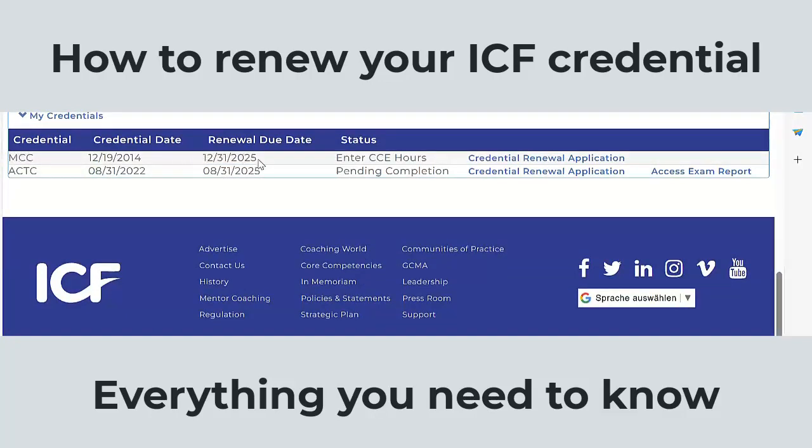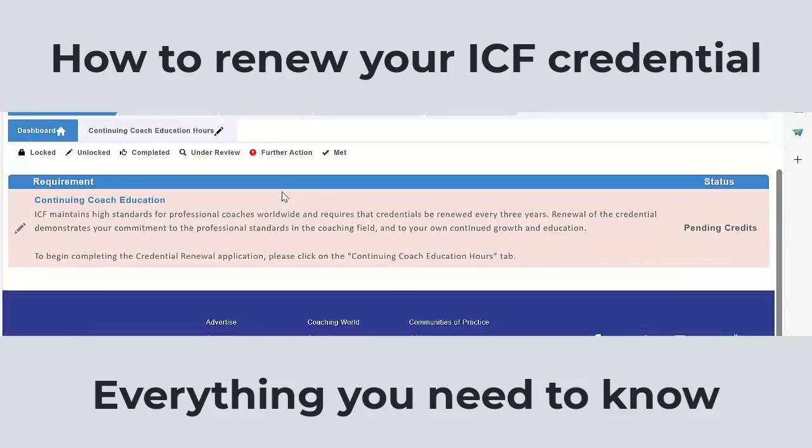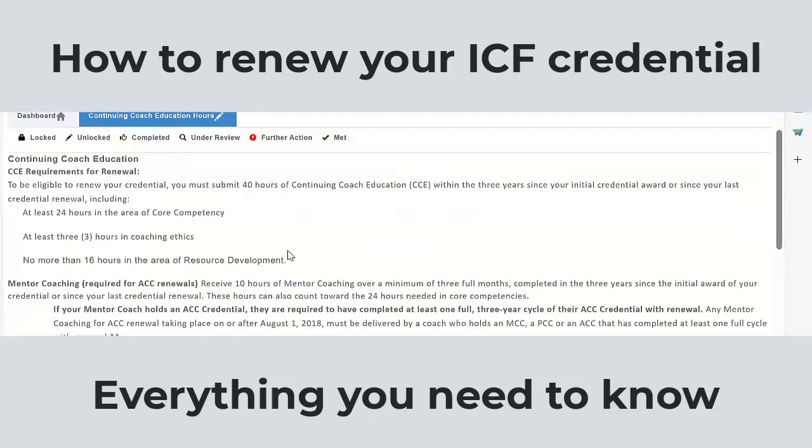My credential is due in 2025. And here it says enter CCE hours. And here I can click on credential renewal application. And I can start by clicking here, CCEUs, and it will tell me what I need. Even that, I think, is pretty cool that you have all the basic information here.